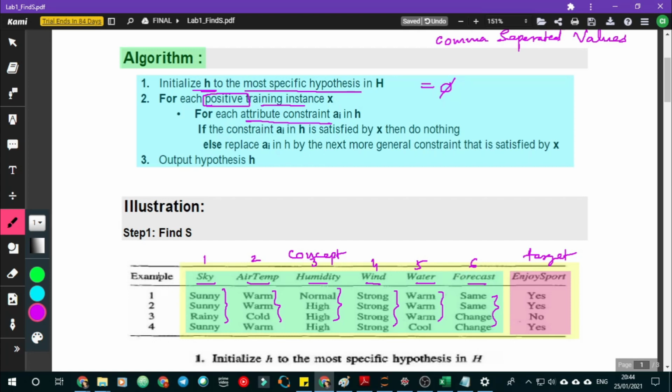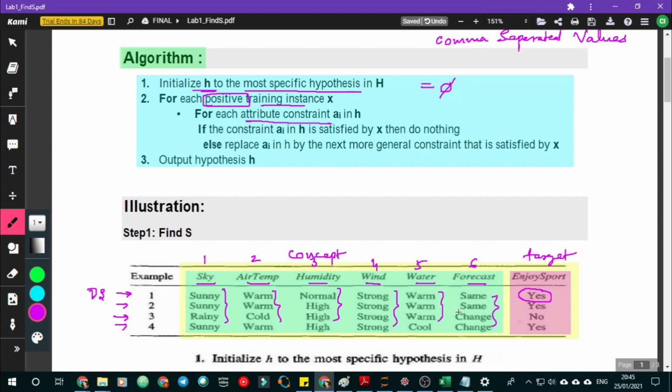And if you take it row-wise, this is the first data sample, I'll just say DS for data sample. First, this is second, third, and the fourth. Each and every data sample has different attributes, and that data sample leads to a particular class, a particular target, a particular label, you can say.